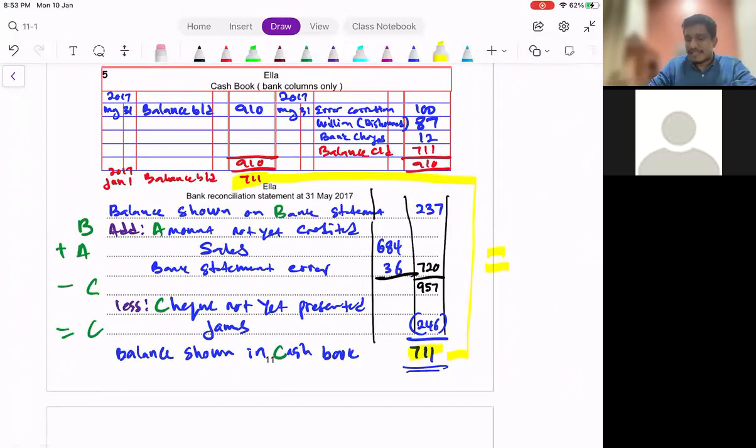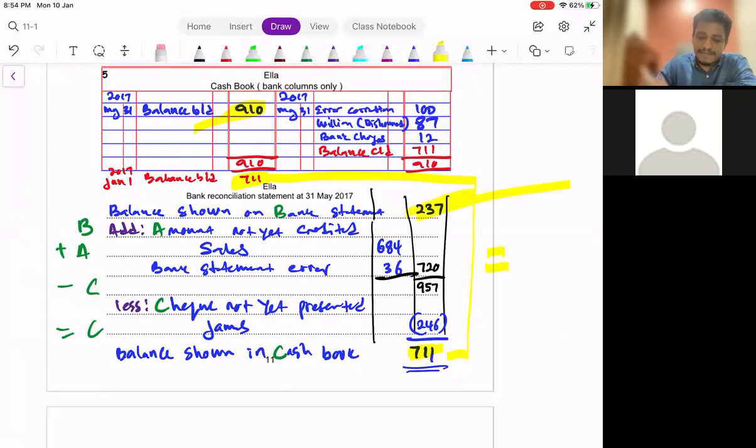Okay. After that, the question asked me to do the statement of financial position, only this bank account, bank value. Which value will go to the statement of financial position? Which is the most correct balance? You have 910, 711, 237.